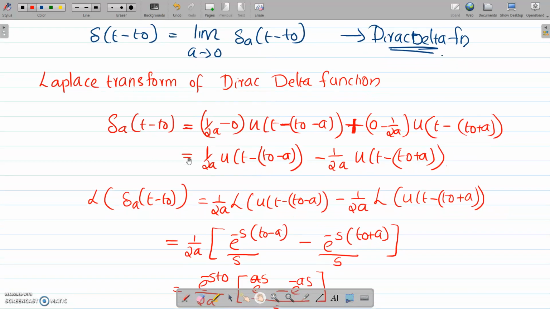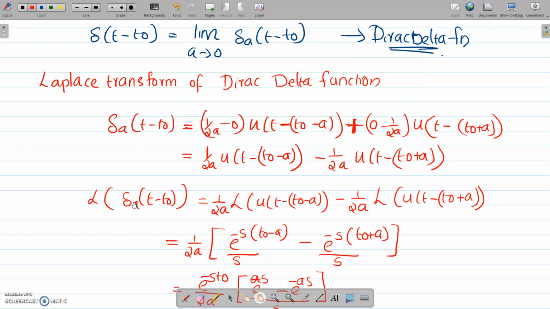So this is actually delta a of t minus t naught equal to 1 by 2a u of t minus t naught minus a, minus 1 by 2a u of t minus t naught plus a.